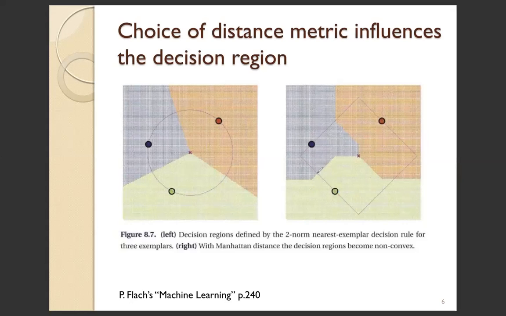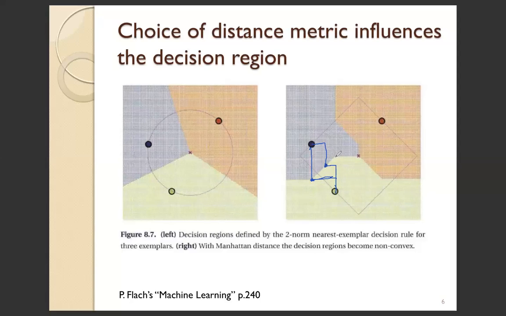Let's look at a value here. The distance to this point is going like this, and the distance to this point is going like this, and this length is the same. Say you have another one here. You go like this, and this one you go like this, so the distance is the same.